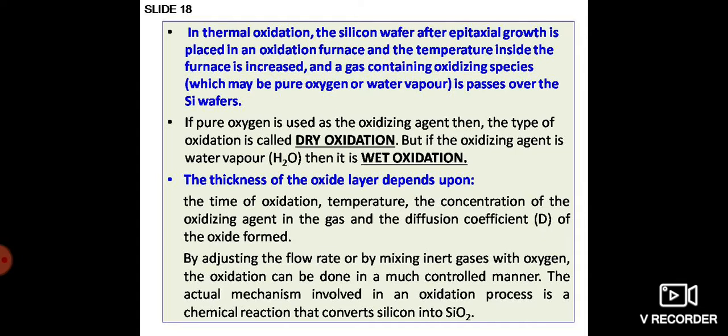Let us now summarize the whole process, or see the important points on oxidation.